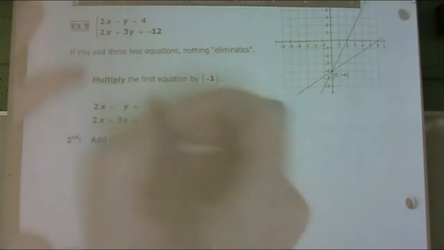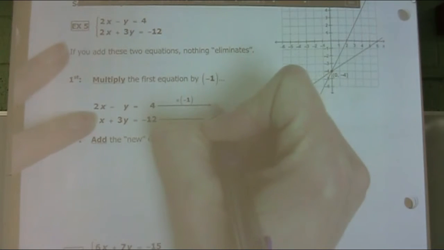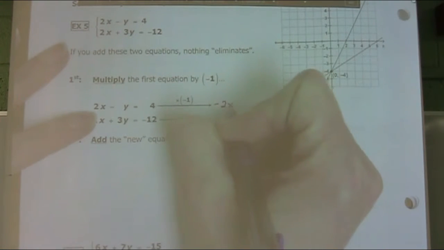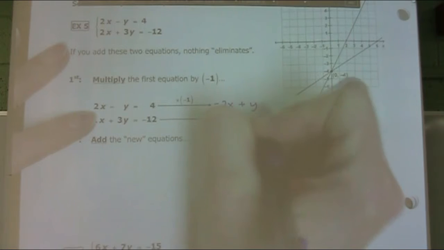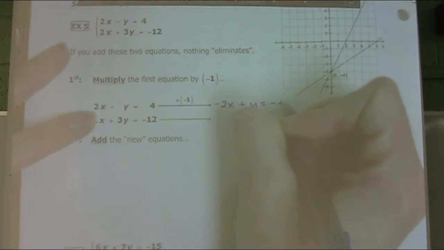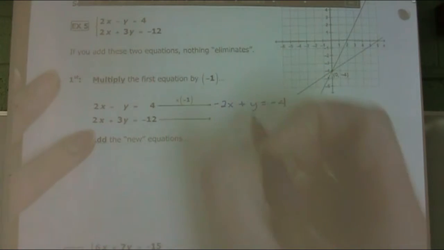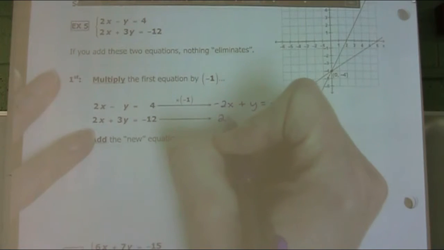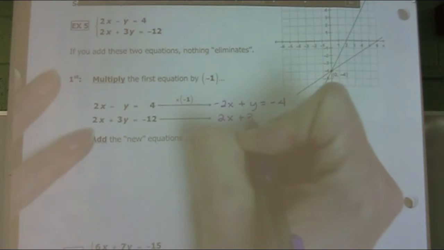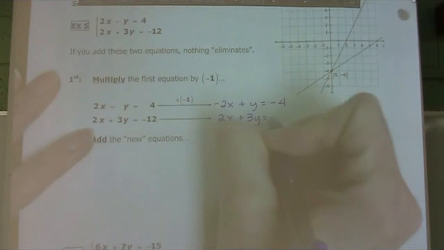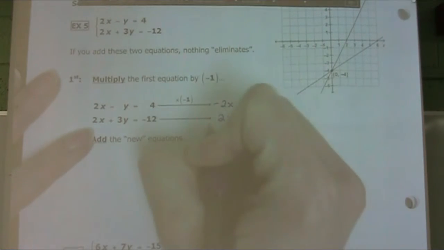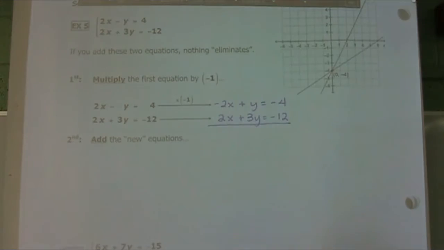Over here, when I multiply by negative 1, I've got negative 2x, positive y, and negative 4. I'm not doing anything to the second equation, so I'm not writing anything on top of this arrow, and I'm just going to move it over the way it is. Now I'm going to add them.